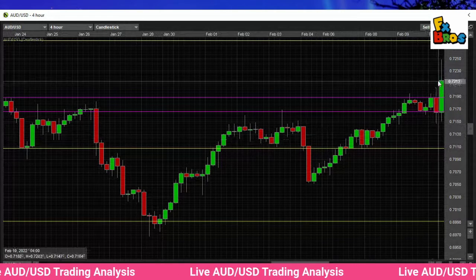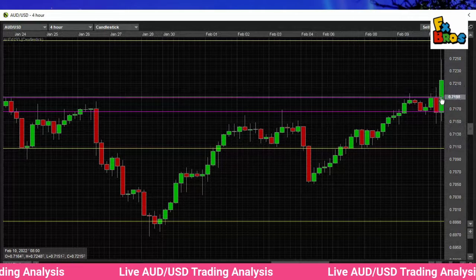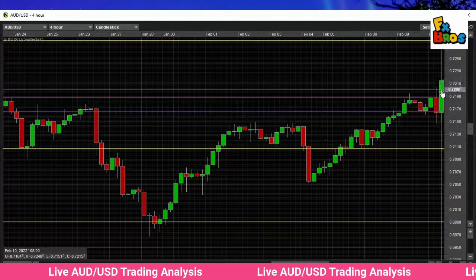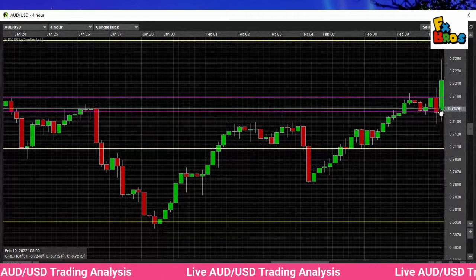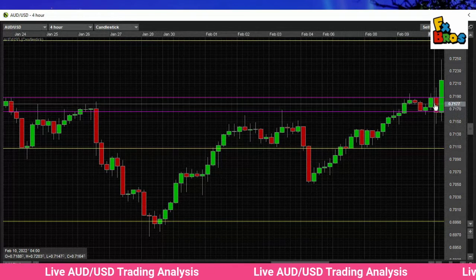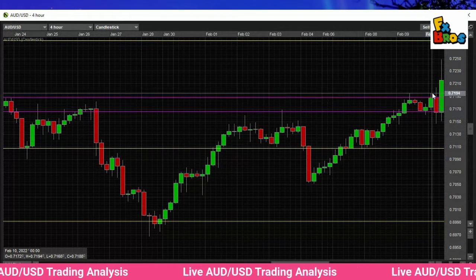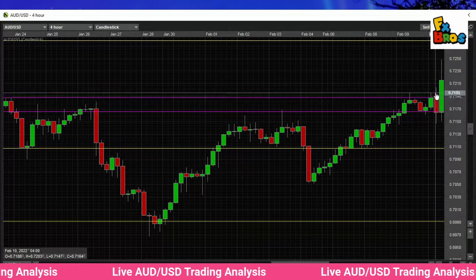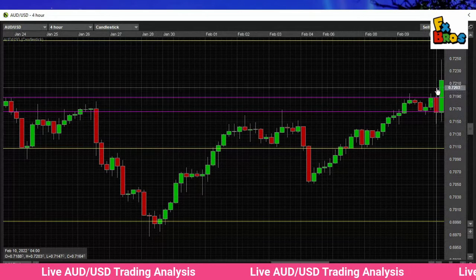So let's say, what was this, 8 o'clock in the morning to 12? Being that this is a 4 a.m. candle, and we were thinking that we were gonna push higher, we did, because there is a lot of volatility.